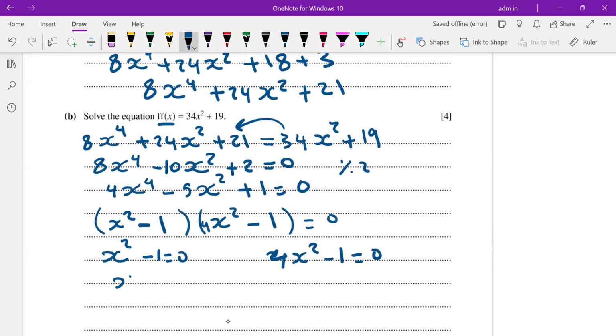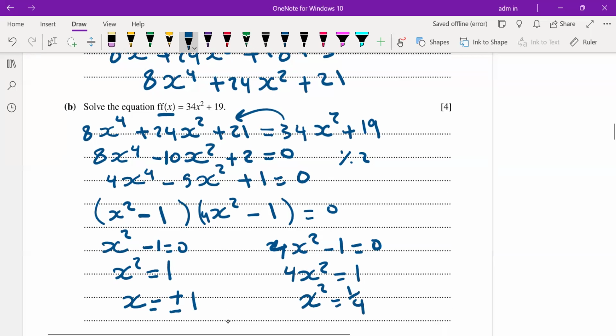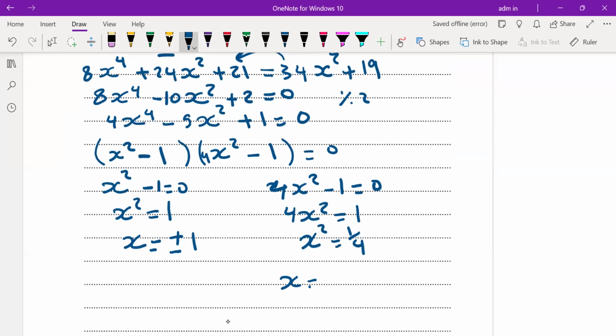Now, x squared is equal to 1. It's a simple quadratic equation by taking a square root, so the answer is positive or negative 1. By the same way, 4x squared is equal to 1, so x squared is 1 over 4, and by taking the square root, x is equal to positive or negative 1 over 2.